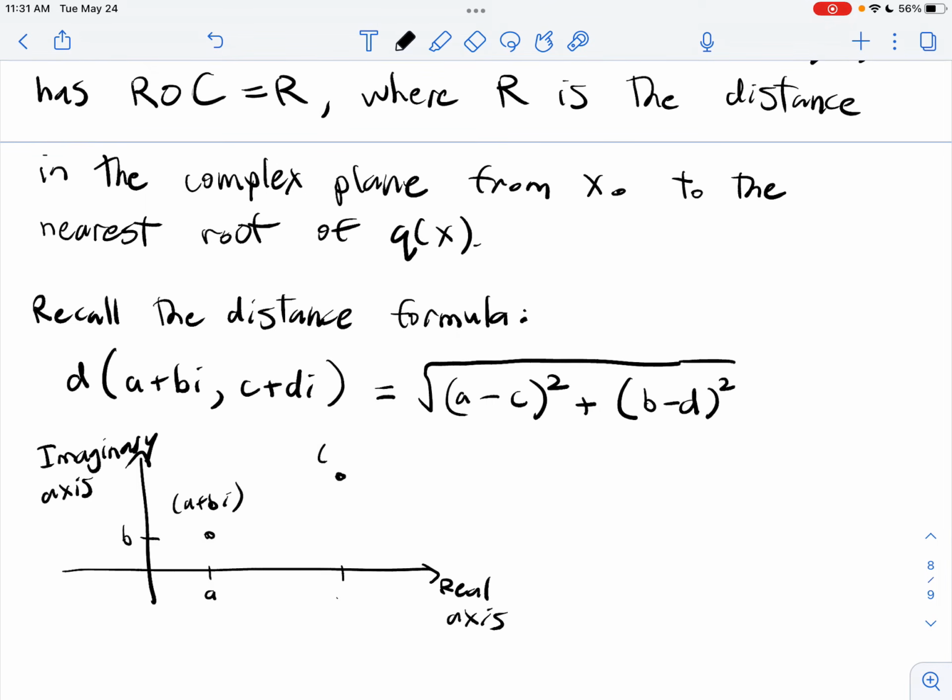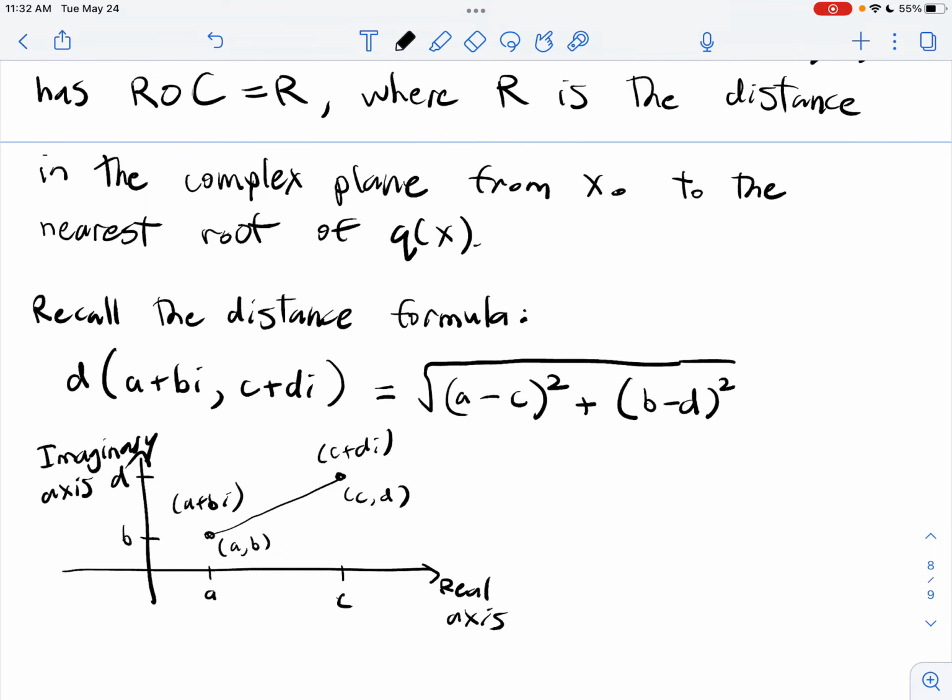And if this guy is c plus di, then that means this is c and that's d. And so all you're really doing is finding this distance right here. And that's just given by the distance formula, right? You can think of this as being the point (a, b), and this is the point (c, d). That's how you treat it geometrically when you're graphing complex numbers, okay?